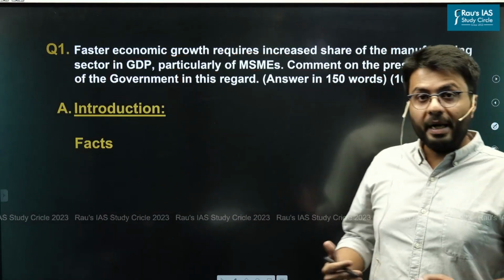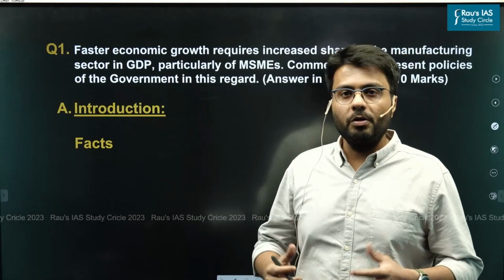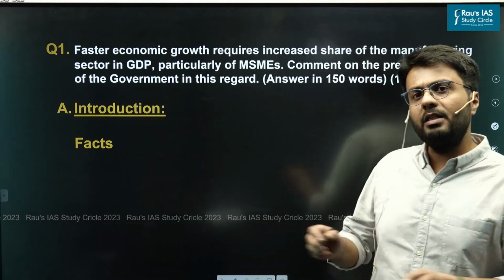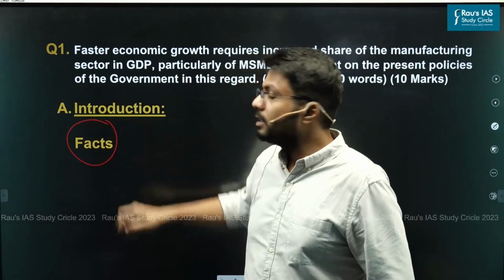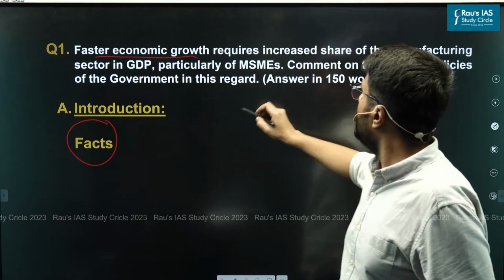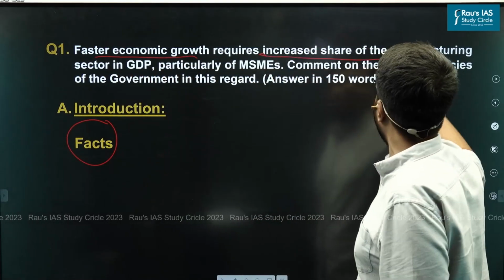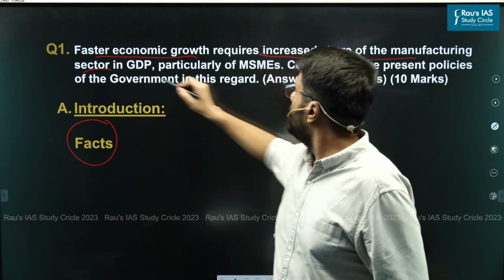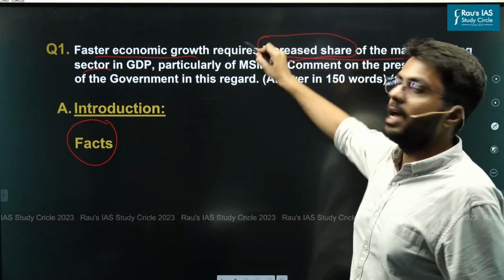Now there is no better way to answer a question in the economy section than to start with a fact. Now this question asks in particular that faster economic growth requires an increased share of the manufacturing sector. Now, why do we need an increased share?